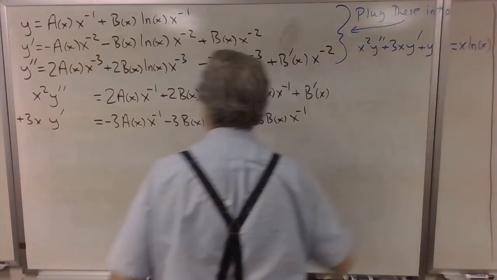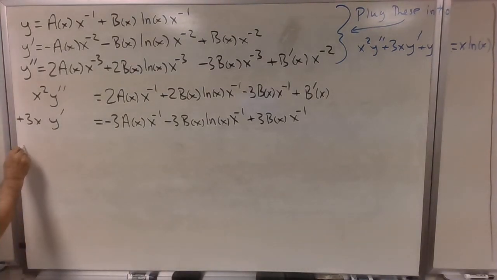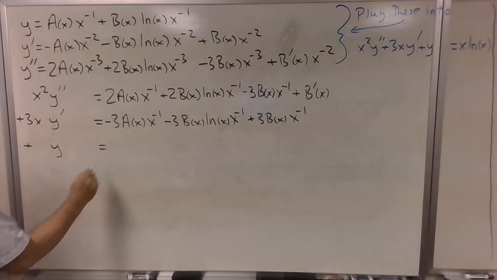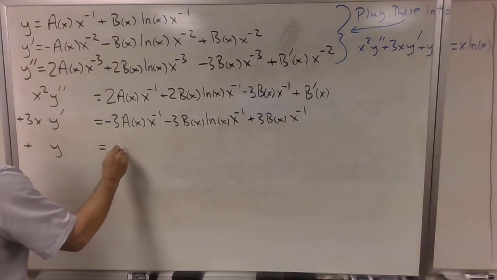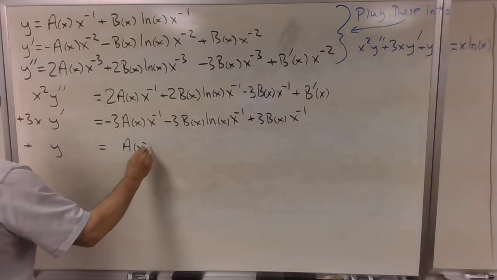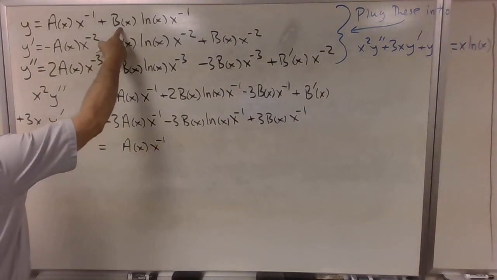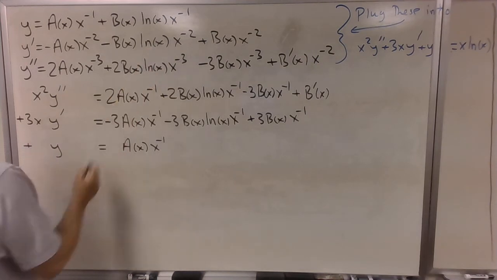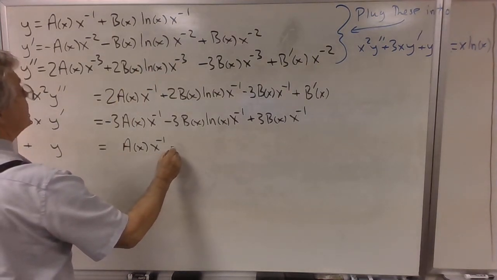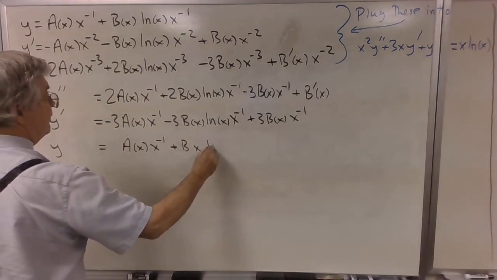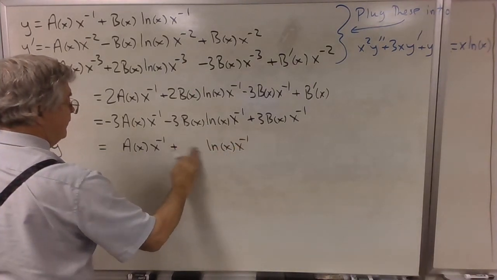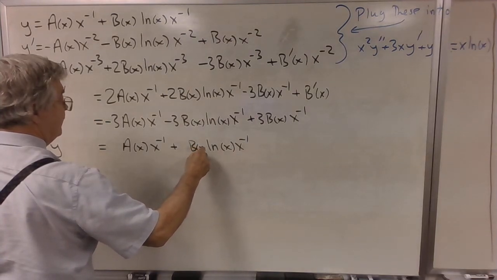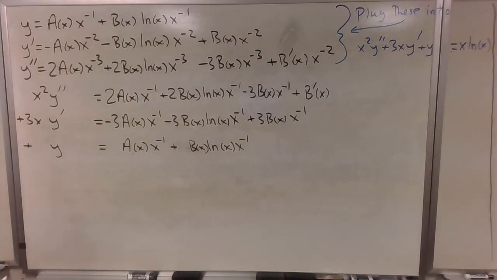And then I add y. So I have ax times x to the negative 1, bx, natural log of x to the negative 1. Oh, is that it? I guess it is.